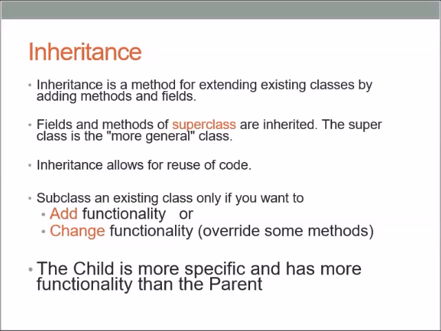The subclass is going to add functionality or change functionality, so override some methods. For example, the Lion class is going to have more things available in it than just the Cat class. The Cat class is more general. So the child is more specific and has more functionality than the parent.